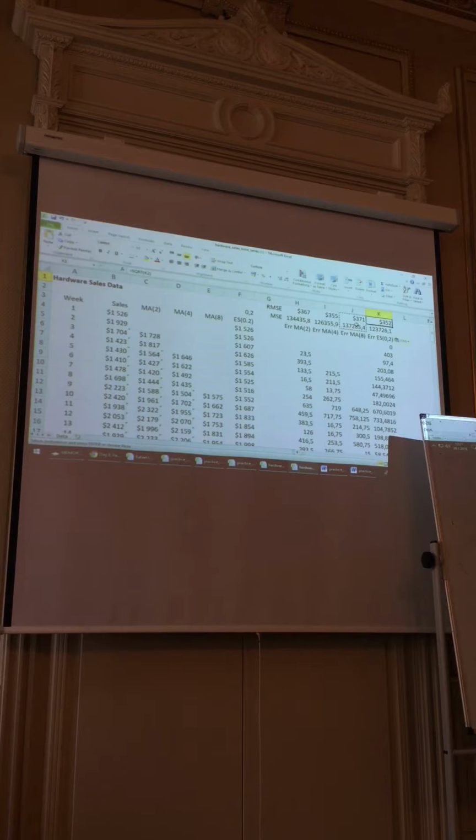And actually, it turns out that the ES 0.2 did better than any of the MAs so far. Can you please click once more into the F column? Yeah, so what I did was I took this formula right here, and I pasted it right here. That's just this formula in the F column. It's easy to make a mistake on this.